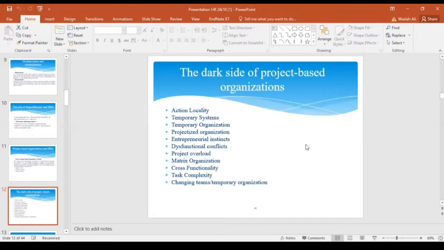Project overload. What is project overload? It is a situation when a project manager has more projects to manage than he can adequately handle at the same period of time. Kenneth in 1978 found higher levels of role ambiguity, conflicts, and overload in temporary systems.